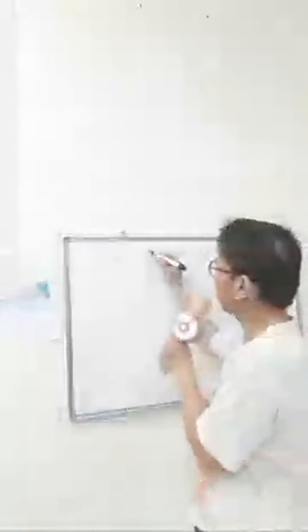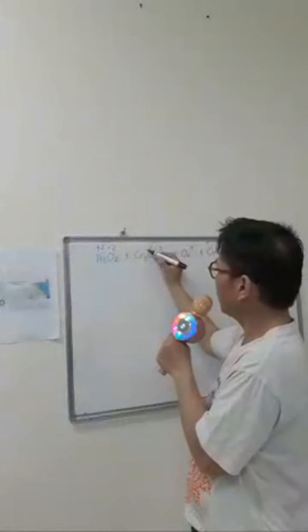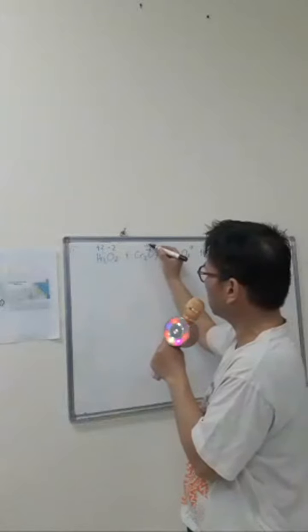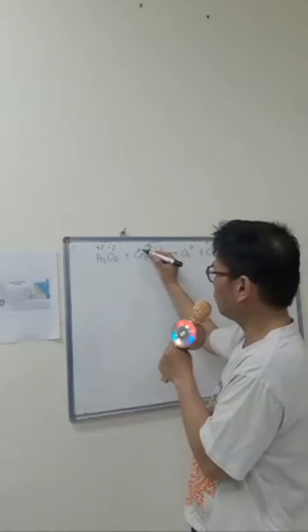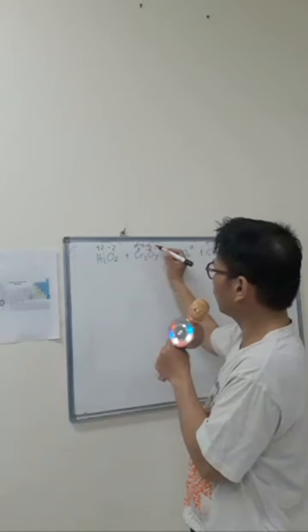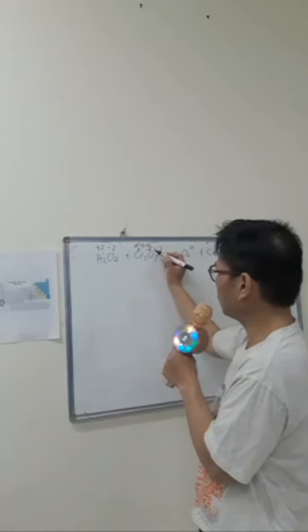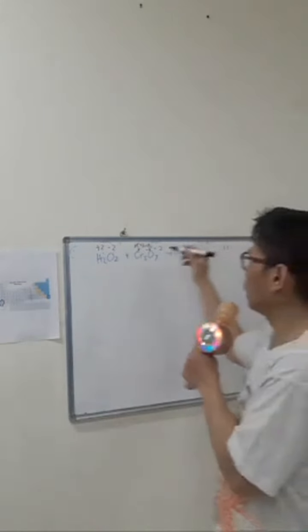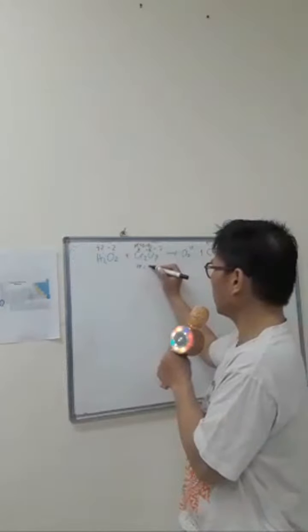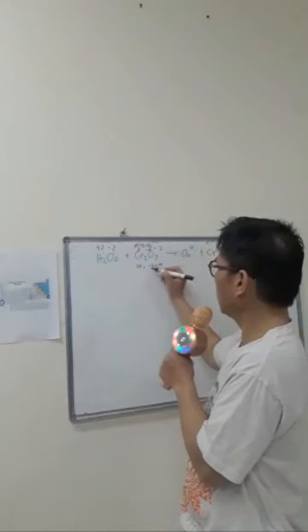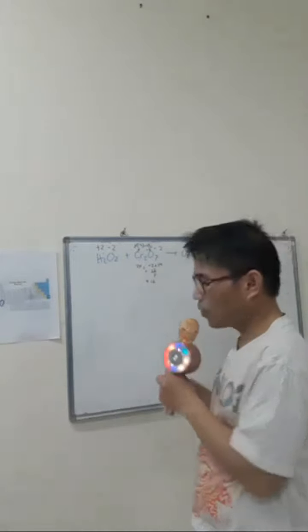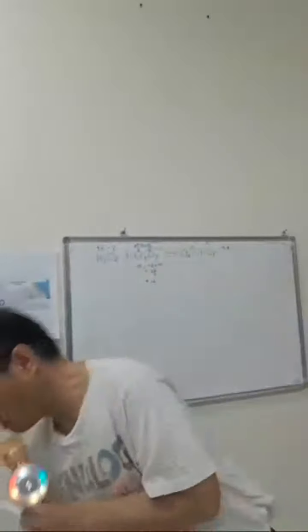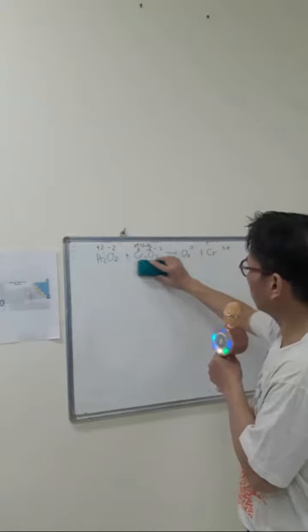The charge of oxygen is negative 2, so negative 2 times 7 is negative 14, and let x be the charge of chromium, so 2x. Solving: 2x minus 14 equals negative 2, so 2x equals 12, x equals 6. So the oxidation state of chromium is positive 6 in the dichromate.